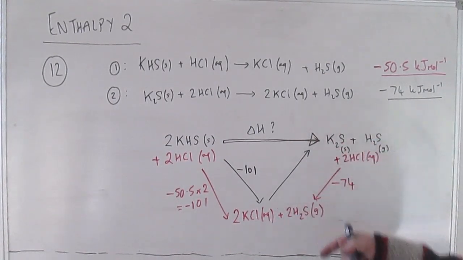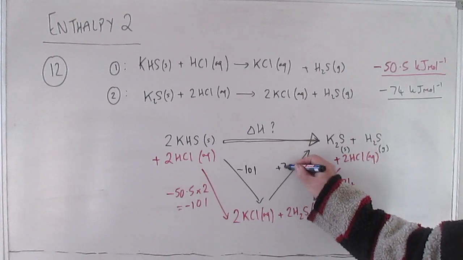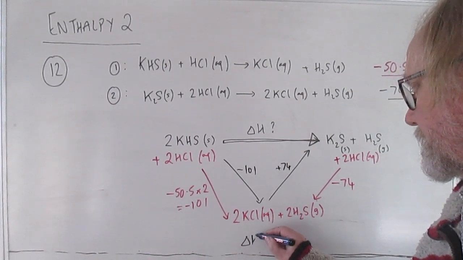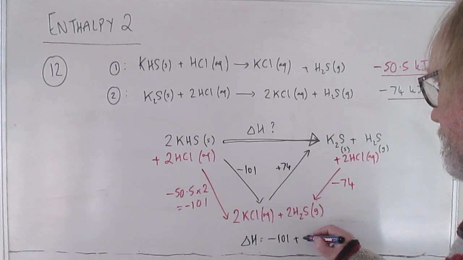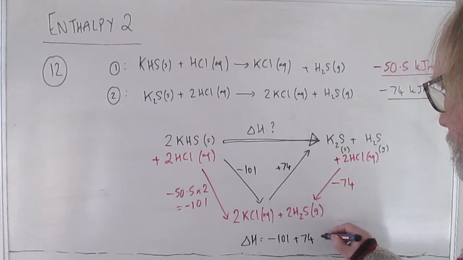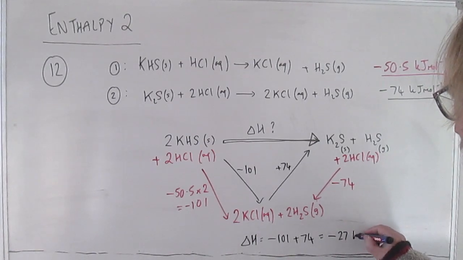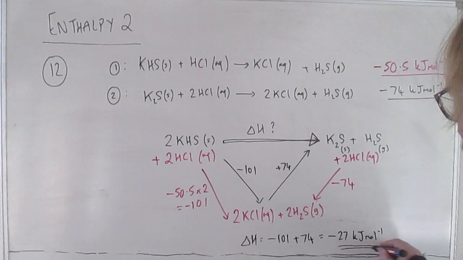This one is the reverse of that one. It's minus 74 going down, so it's plus 74 going upwards. And so we get that delta H is equal to minus 101 plus 74, which is minus 27 kilojoules per mole, which is the answer to the question.